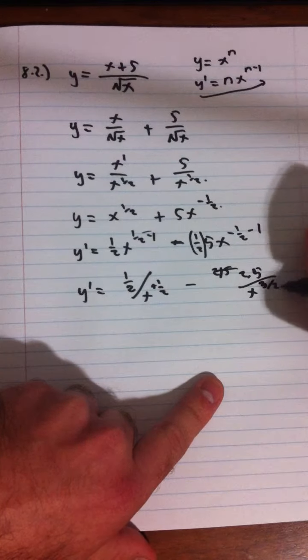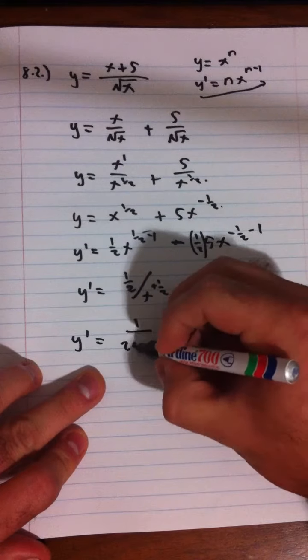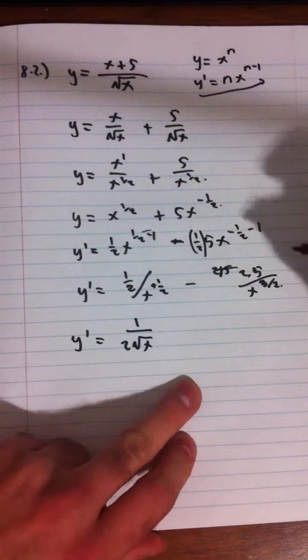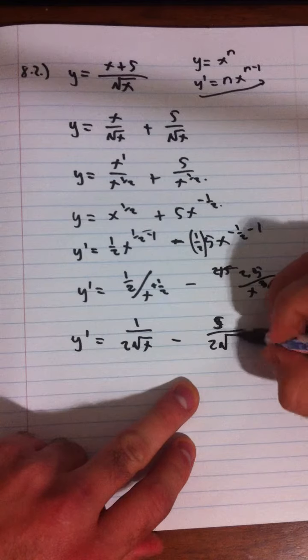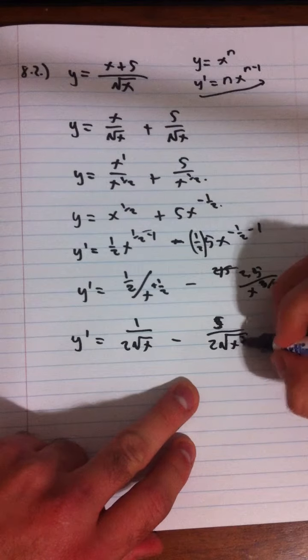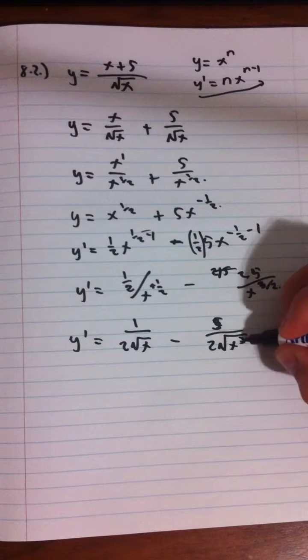And you can leave that as your final answer, or you can rewrite it in root form, which I like. It just looks a bit neater to me. So I'll write this as 1 over 2 times square root x, minus 5 over 2 times square root of x to the power 3.